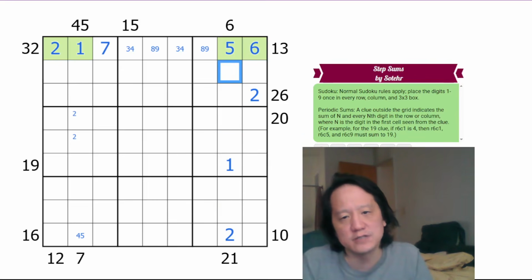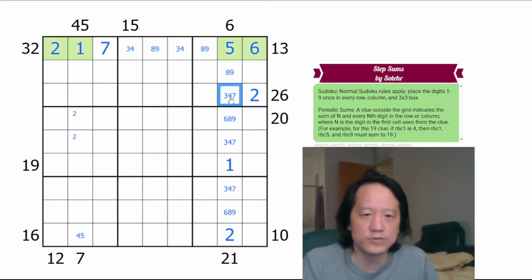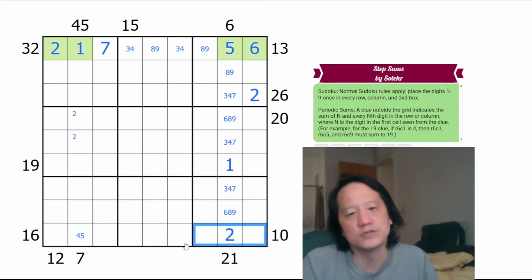So this cannot be 6, this is 8 or 9. 6, 8, 9, and 6, 8, 9, which leaves the remaining digits in column 8 as 3, 4, and 7. Right? So 2, 3, 5 adds up to 10. 4 and 7 adds up to 11, which 10 plus 11 is 21. So that works there.